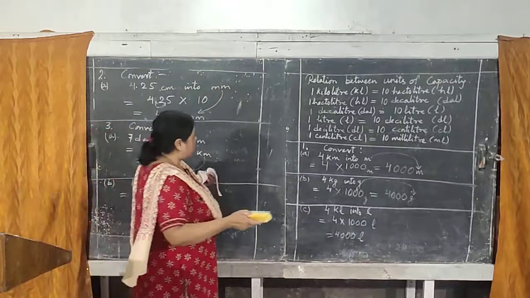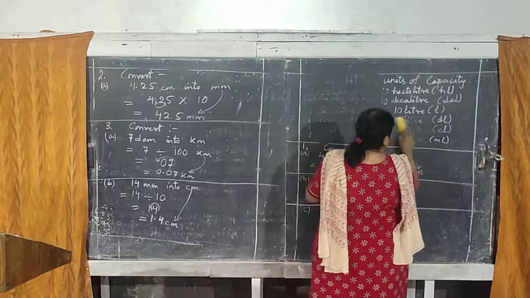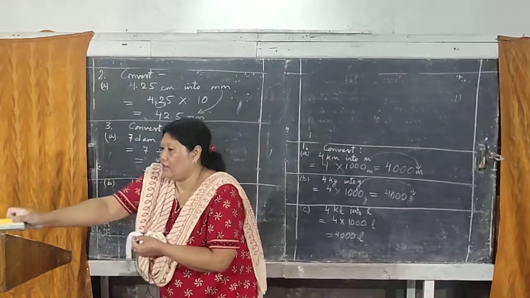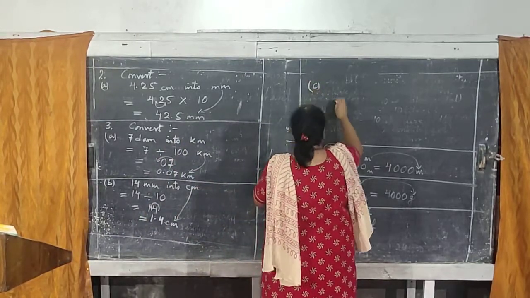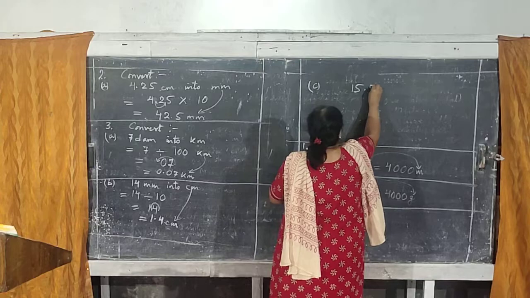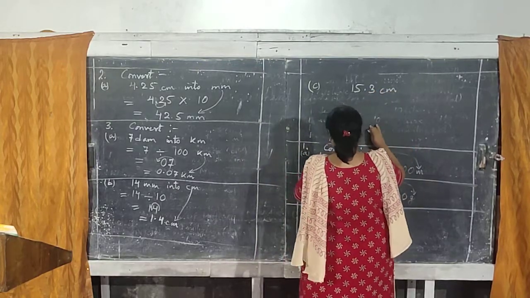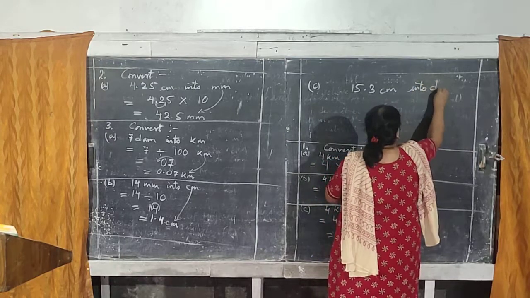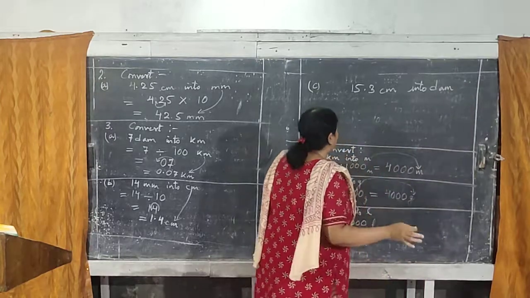Okay, and the last one. Number C, 15.3 centimeter into decameter.